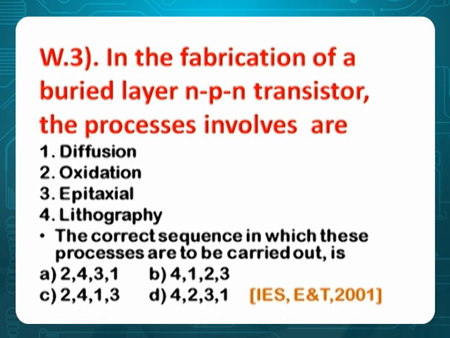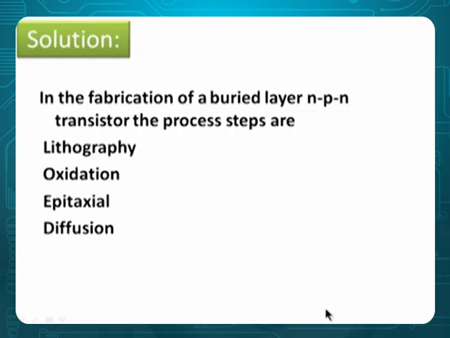Question number 3. In the fabrication process of a buried layer NPN transistor, the processes involved are diffusion, oxidation, epitaxial, lithography. What is the correct sequence in which the steps are taken? That was asked in IES. The first step is lithography. That means we cut. Then we do oxidation. Then we do epitaxial. And then finally we do the diffusion process.